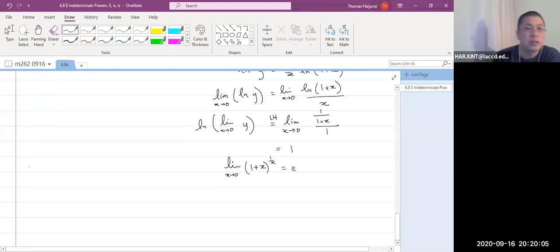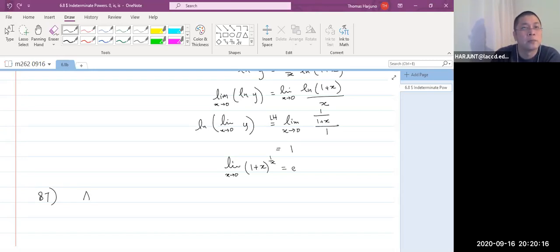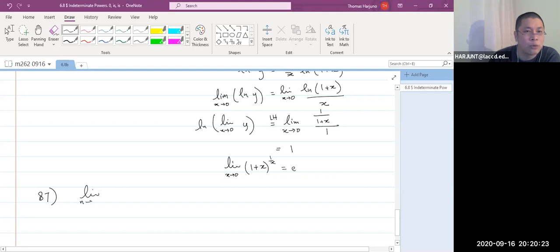Now, in number 87, I mentioned earlier that, maybe I should say, basically, we try to prove that limit n goes to infinity of 1 plus r over n to the power of nt equals e to the rt.